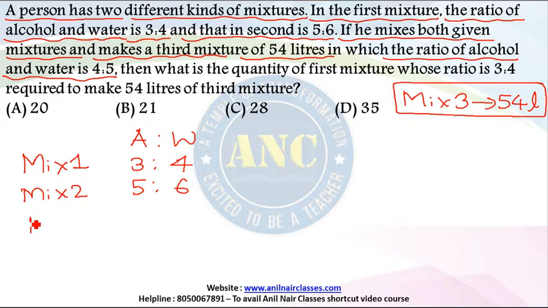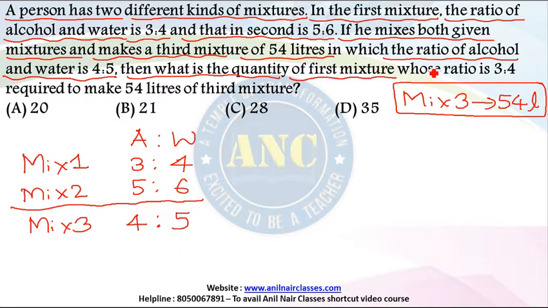They are saying that in mixture 3, the ratio of alcohol and water is 4:5, after mixing mixture 1 and mixture 2. Then what is the quantity of the first mixture, whose ratio is 3:4, required to make 54 liters of the third mixture?